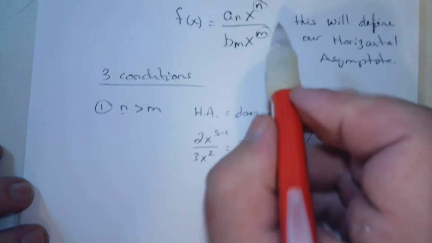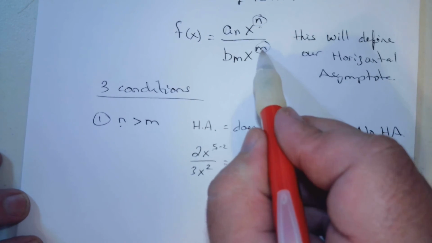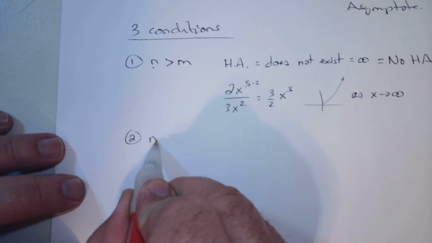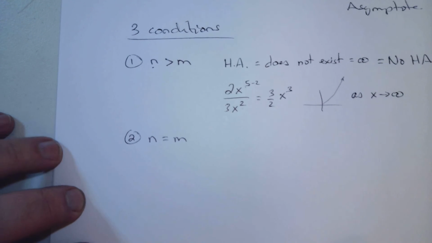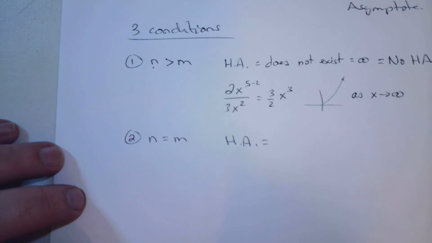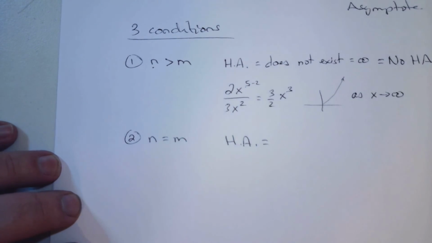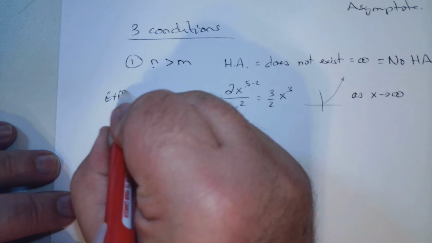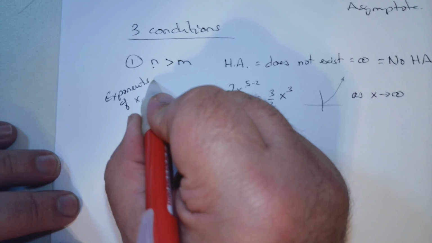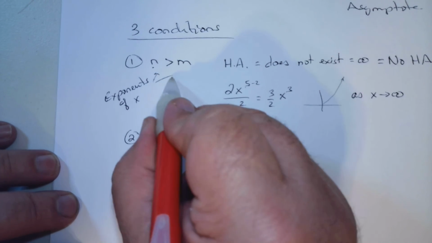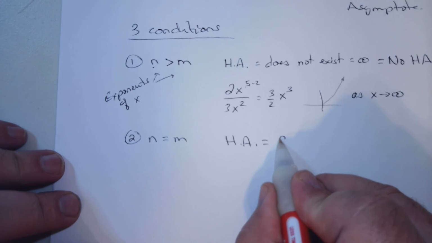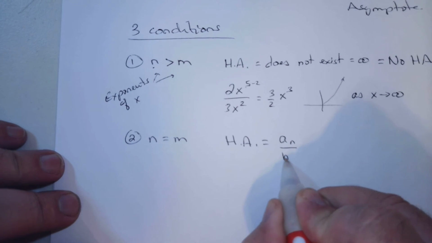If the top is bigger than the bottom, there's no horizontal asymptote. Let's see if they're equal. If the exponents of x are equal, the horizontal asymptote is simply the coefficients.